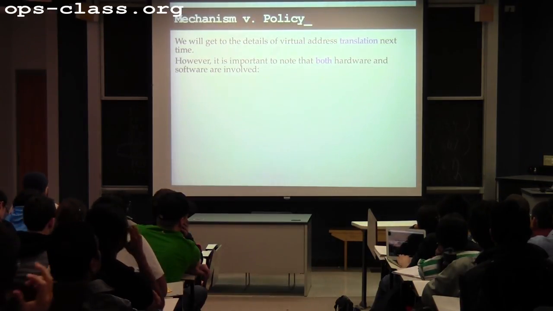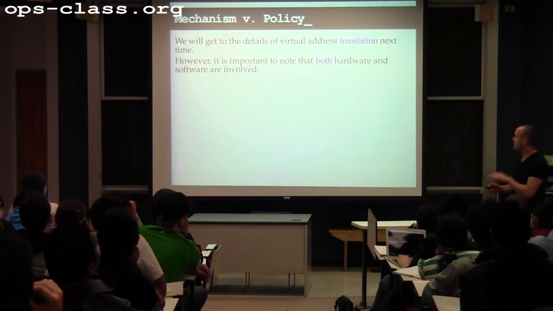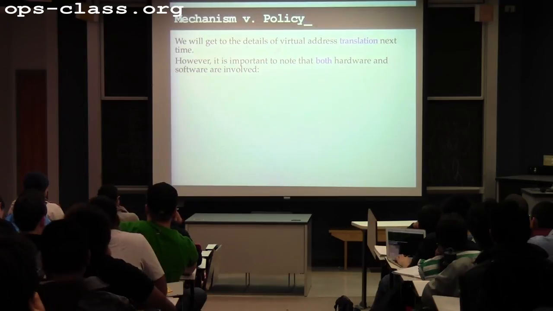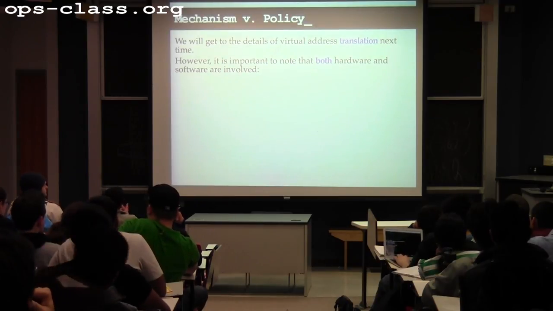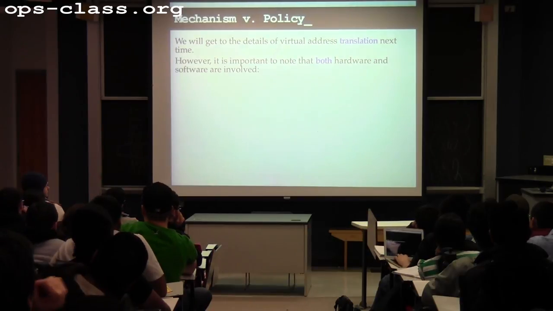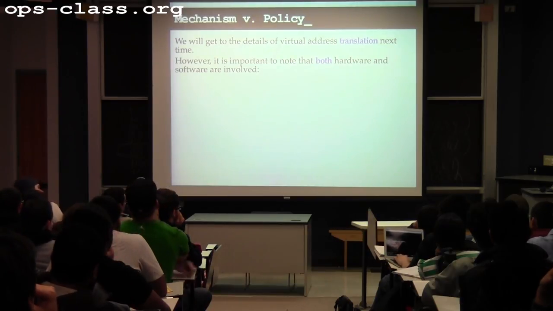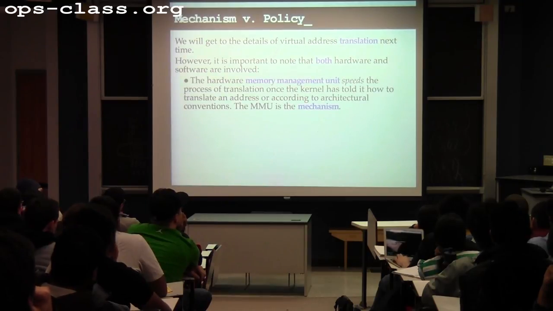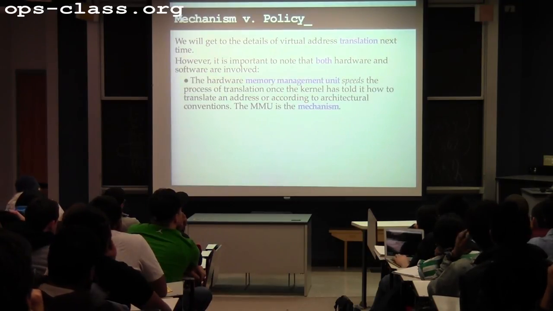All right. So when we talk about translating addresses, this is one of those fun cases where there's this nice cooperation between hardware and software. And we'll talk a lot more about this next week, maybe starting Friday. But both hardware and software are involved. So one of the challenges we're going to have is making this translation fast.